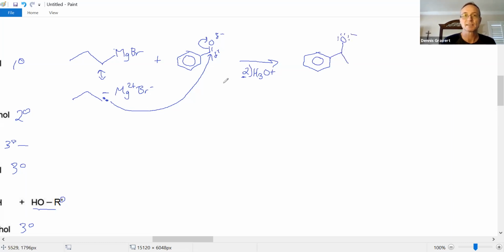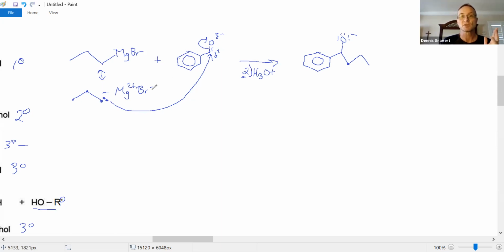We connect 1, 2, 3 carbons, and we connect it here where the magnesium used to be. So the magnesium used to be here, so I got 1, 2, 3. And when you're drawing it, you can draw it however you want. If you want to, have the zigzag down, whatever. Cool. That's enough for full credit on the first half of the mechanism.